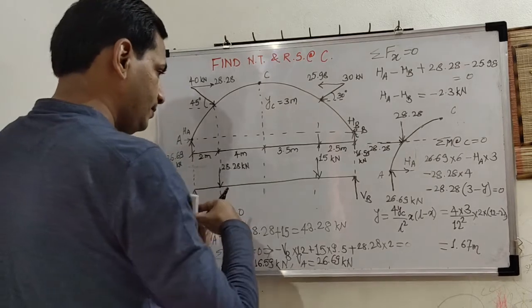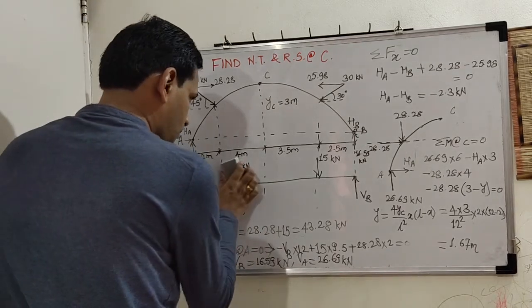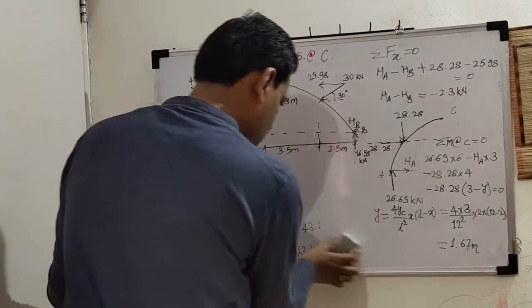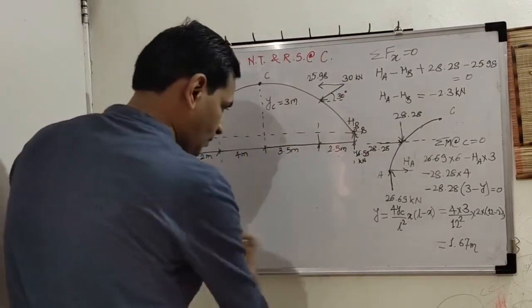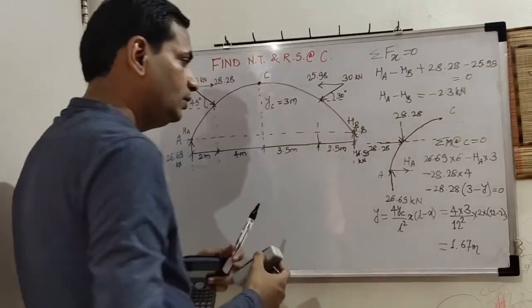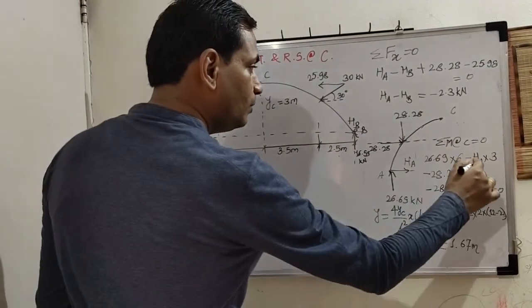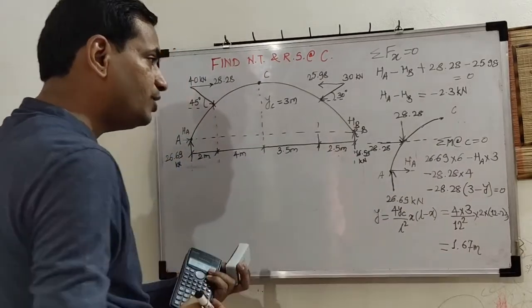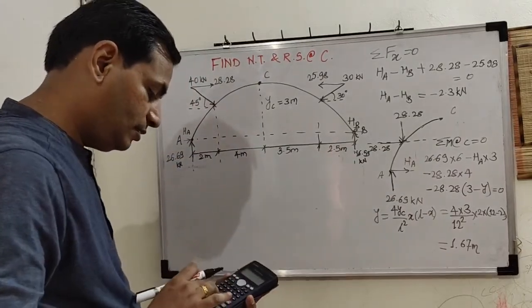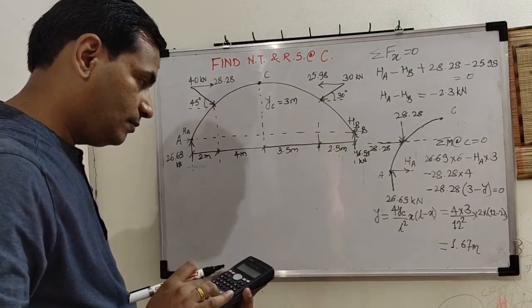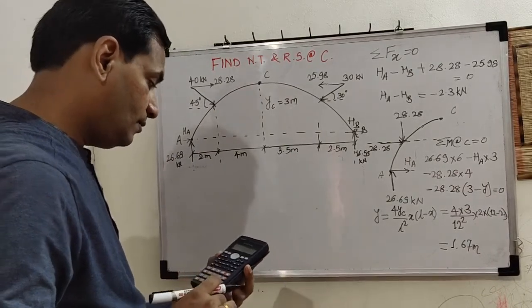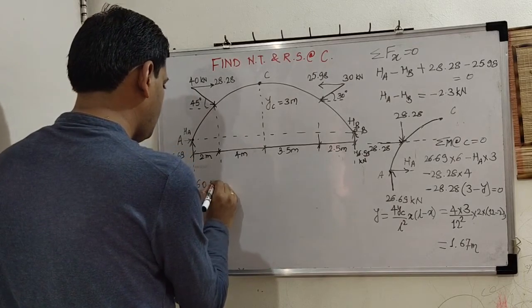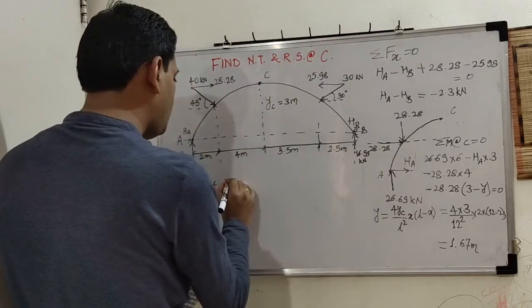Now we want moment about C, so HA we will get from this. So 26.69 into 6, I'll write directly, 160.14, minus 3HA.